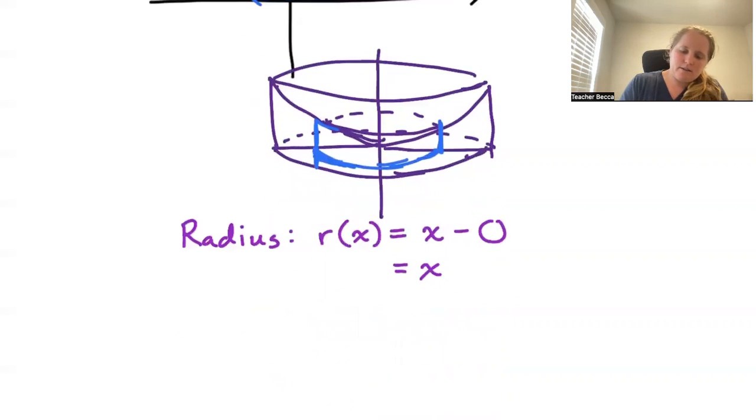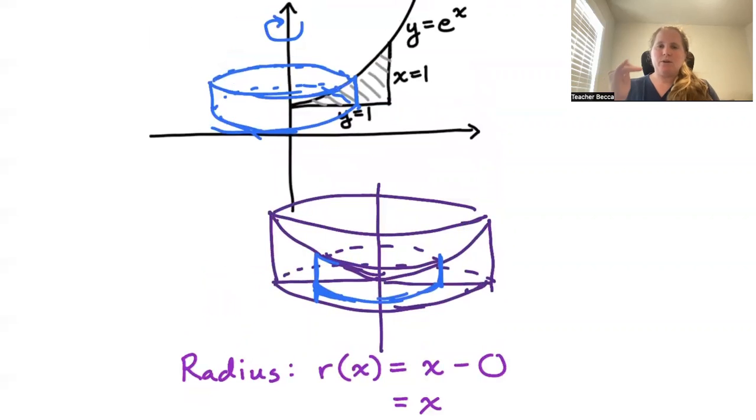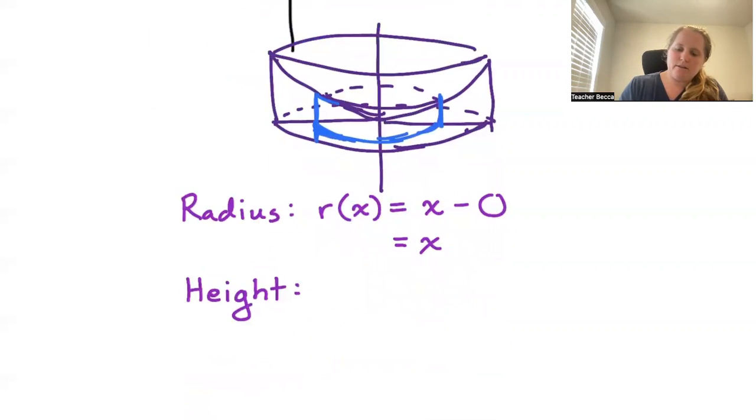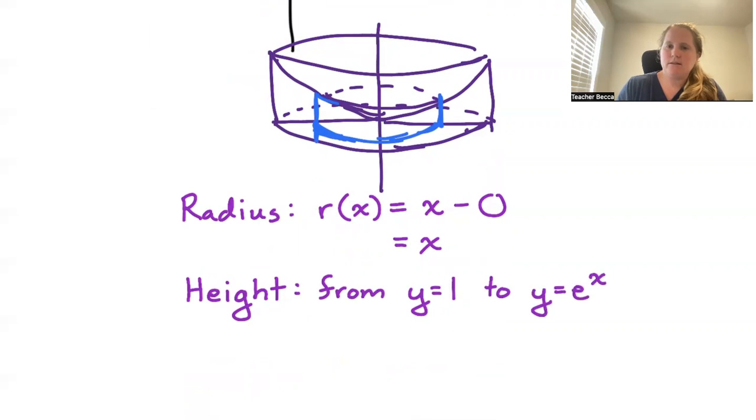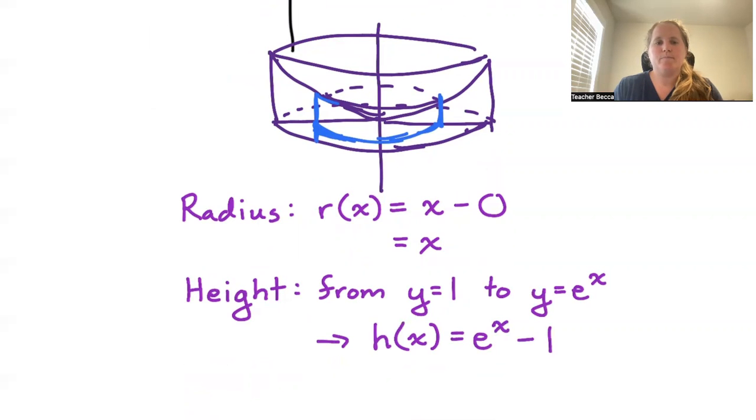Our height h of x, we are looking from y equals 1 to y equals e to the x. So our height would just be h of x equals e to the x minus 1.